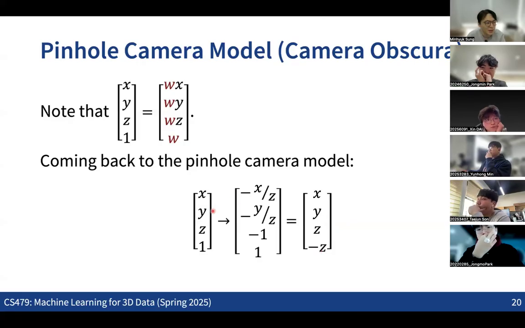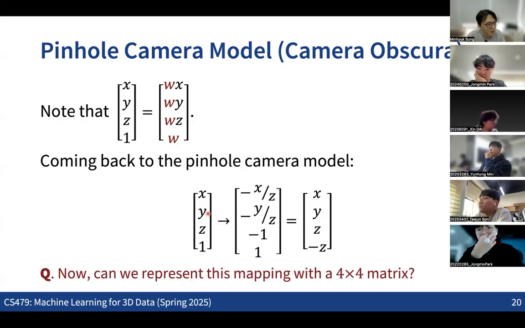When you augment into four-dimensional vectors, it becomes much easier to represent this in matrix form. So based on this relationship, the mapping with the homogeneous coordinates, can you now represent this mapping with a 4x4 matrix?